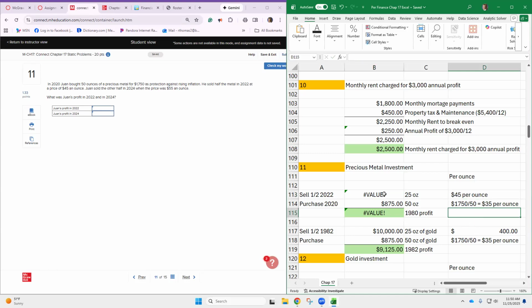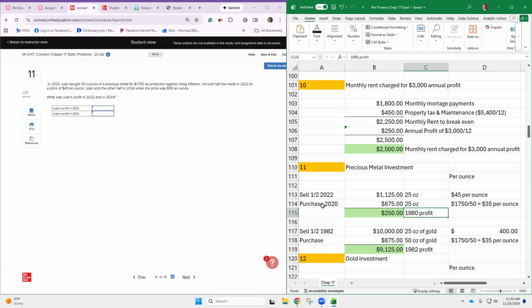And okay, so then we want 25 ounces times that $45 price. So if I've got this right, this is going to be 25 ounces here, not 50. So you want to make sure that you're being careful with the amounts you're using.